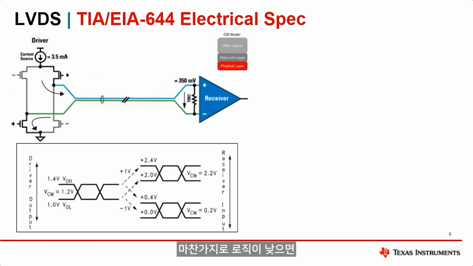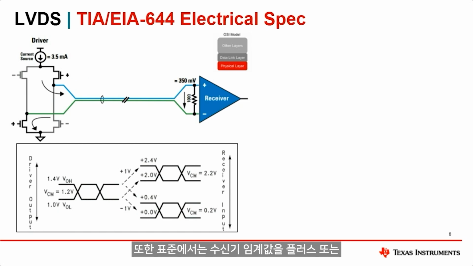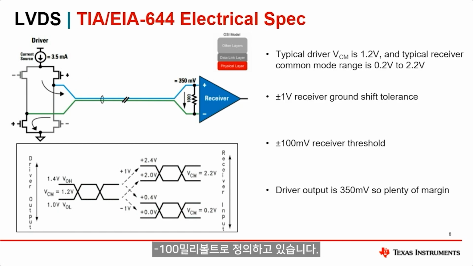Similarly, if we have a logic low, that will cause current to flow in this direction through the 100 ohm termination resistor and back to ground, creating a negative 350 millivolt differential swing. Within the standard, it also defines the receiver threshold value of plus or minus 100 millivolts.